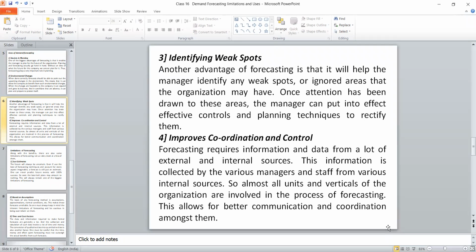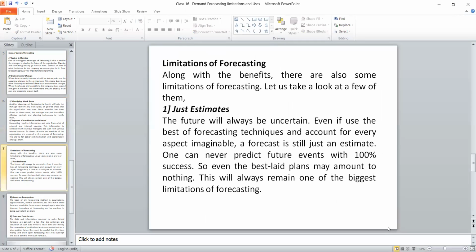That makes teamwork and there will be higher coordination. So almost all the units and verticals of our organization are involved in the process of forecasting. This will allow them better communication and coordination within that organization. So these are some of the advantages of demand forecasting.